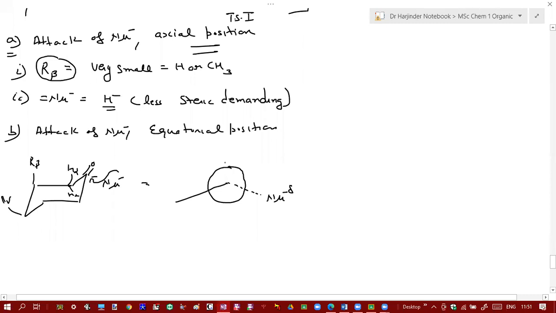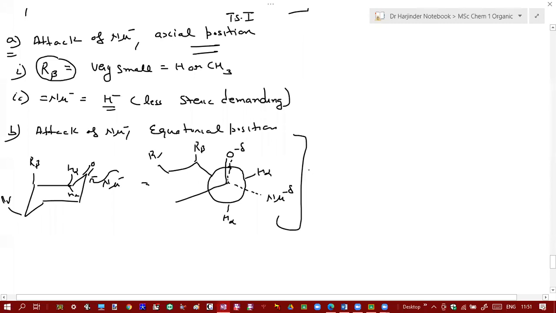Now the carbonyl group will move to the axial position. So you have this one, and along this side you have a quite similar situation. In this transition state, here you have H alpha and H alpha.